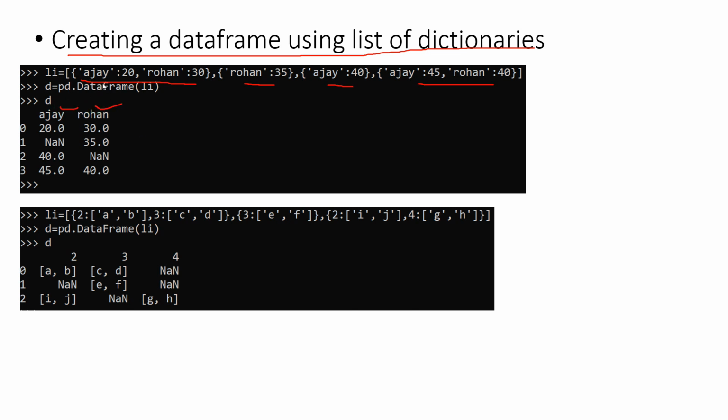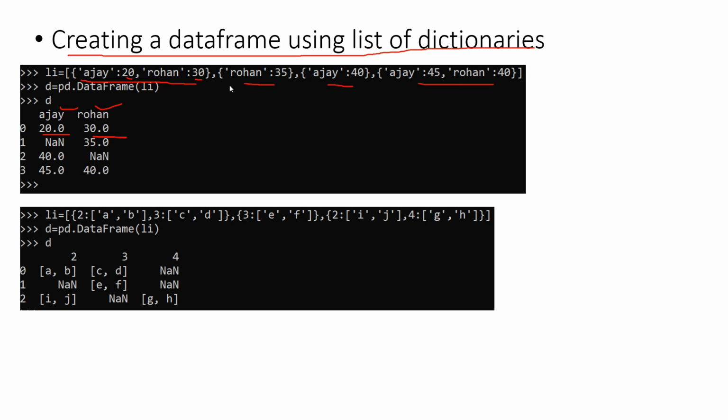In the first item, that means the first row, we have Ajay, that is the name of the column, and the data of that column is 20, and then again Rohan, that is again the name of a column, and the data is 30. So we have the first row which has the data 20 and 30. You can see here 20 and 30. Is that clear?